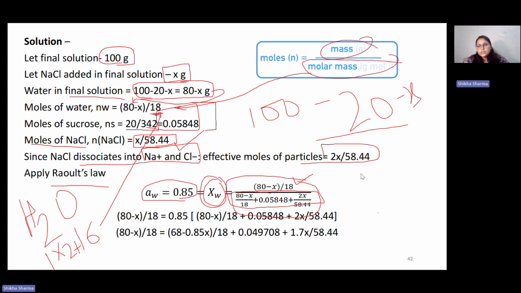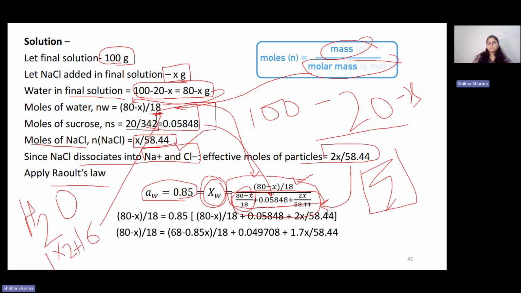In the final solution, the moles of water, which we calculated here, is 80 minus X divided by 18, divided by total moles. Total moles are moles of water, which is 80 minus x divided by 18, plus the moles of sucrose, which is 20 divided by 342, which is 0.05848, plus the moles of the NaCl, which is 2x divided by 58.44.